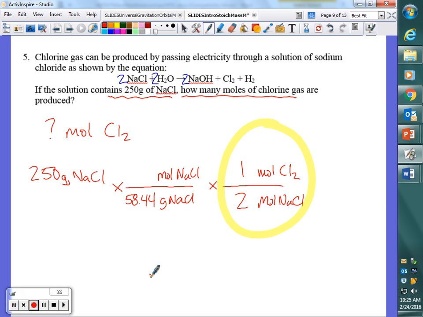But, like we just talked about, the molar mass is the mass of how many moles? 1 mole. Even though in our equation we have a coefficient of 2 in front of NaCl, that doesn't matter when we're using the molar mass. That always goes 1. That shows up in our mole ratio, not when we're converting.